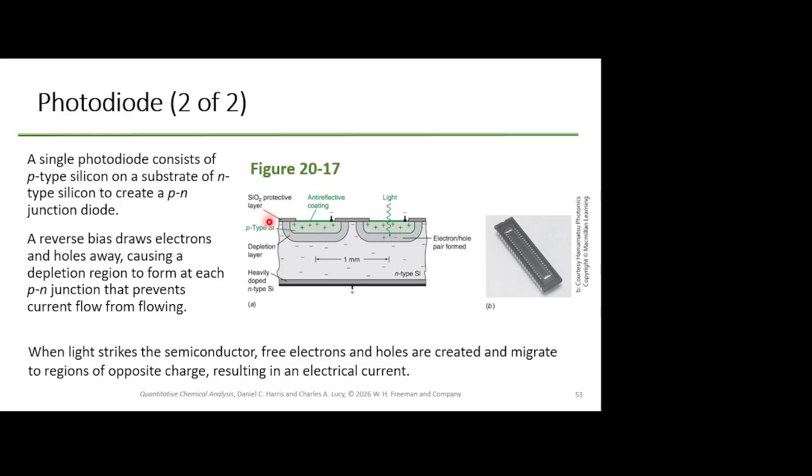This is actually what it looks like. So we're going to have a p-type silicon, and then we'll have an n-type silicon. These will be joined together, and so we'll create a p-n junction diode right here. And so what you'll have here is a little protective layer, and then you're going to have your depletion layer right here.